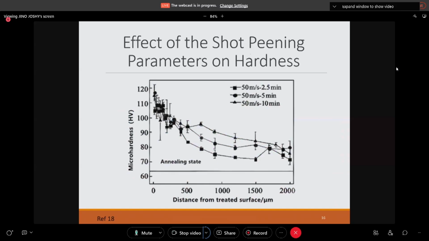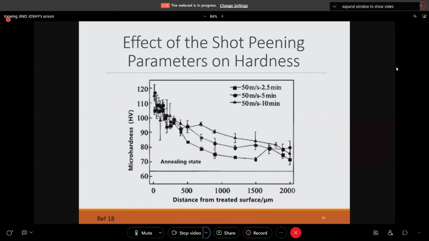This shot peening process is a cold working operation, so cold working happens and some stresses are imparted. But once the time increases, a reverse kind of phenomenon happens: a softening mechanism. Because of the long duration there is a lot of heat generated, and because of the heat a softening mechanism happens.